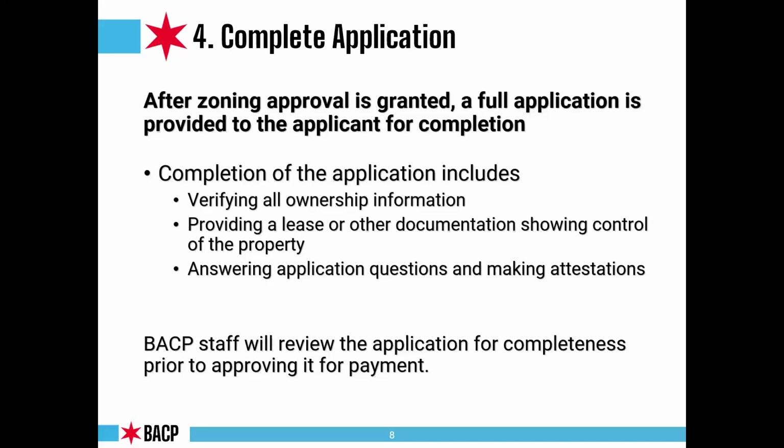We also want to ensure that the application you provide has a lease or other documentation showing control of the property. And then you're also going to want to answer the questions, and there are attestations that need to be made. If at any point in time you need assistance with these questions, we'll do our best to help you with them.